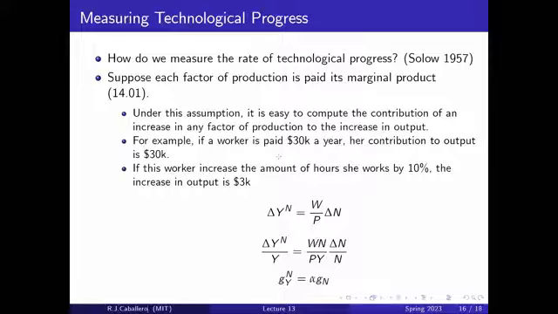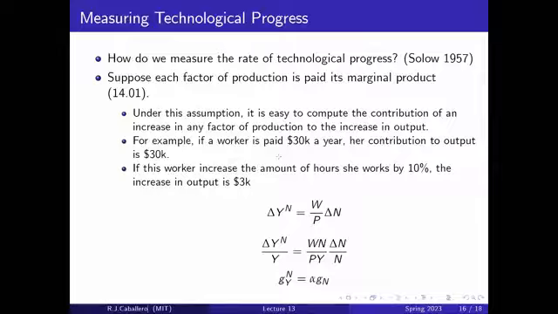The contribution to output of adding workers is going to be that times delta n. I can divide by Y both sides, and here multiply and divide by N, and I get that the rate of growth in output due to a rate of growth in employment is equal to the labor share.